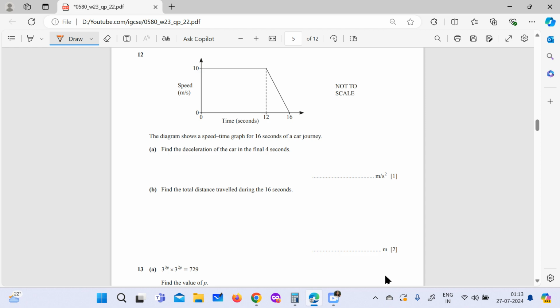Whenever your question is about deceleration or acceleration, you need to find the gradient, because gradient is nothing but rate of change. So we will find the gradient here. You can make a note: find gradient for deceleration.